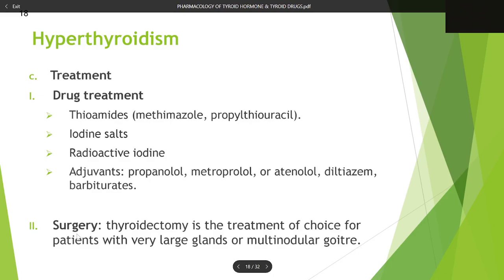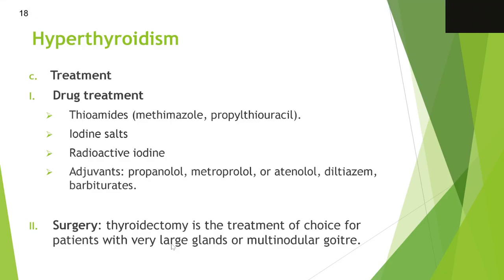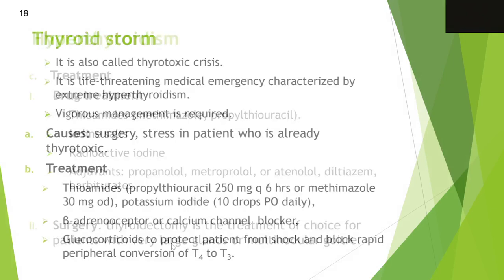Then lastly, surgery. Thyroidectomy is the treatment of choice for patients with large glands or multinodular goiter. So surgery is the treatment of choice for large goiter or multinodular goiter.